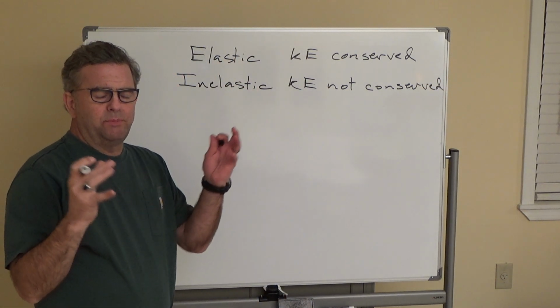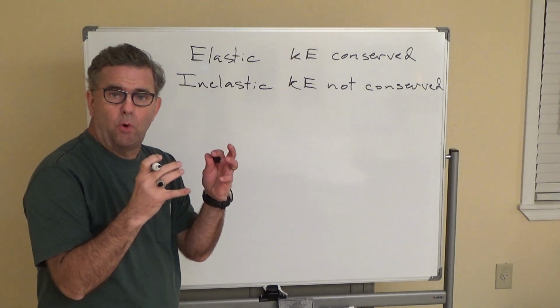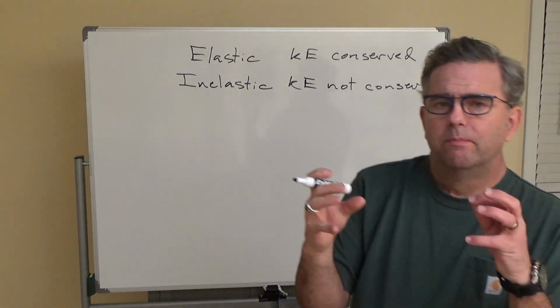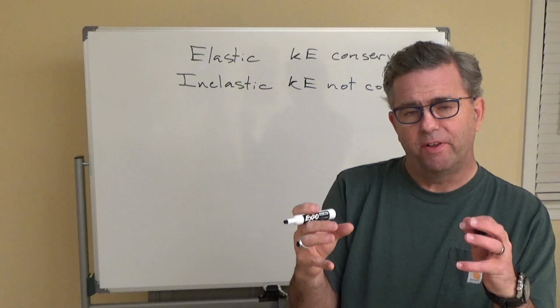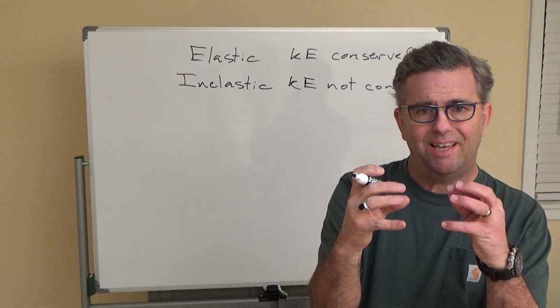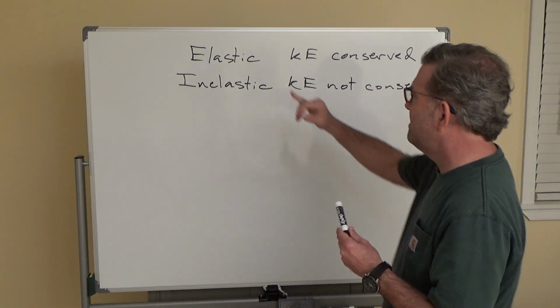So this is where an object interacts with another object. Maybe it gets deformed, or something happens. We'll talk about a perfectly inelastic collision where the two objects come together and they stick, that kind of thing. So we have an elastic collision.